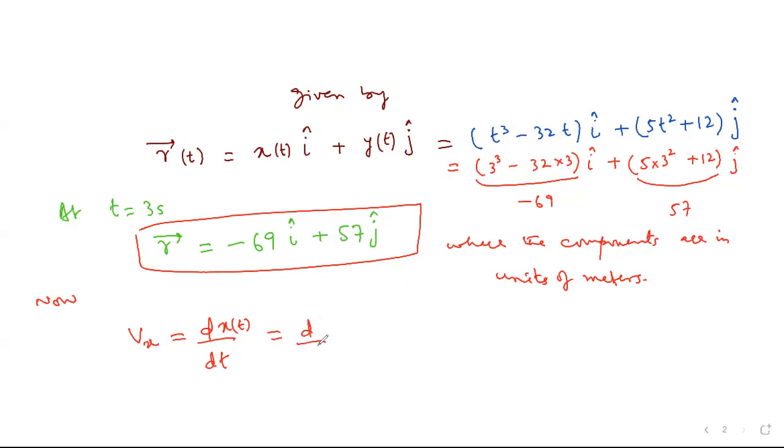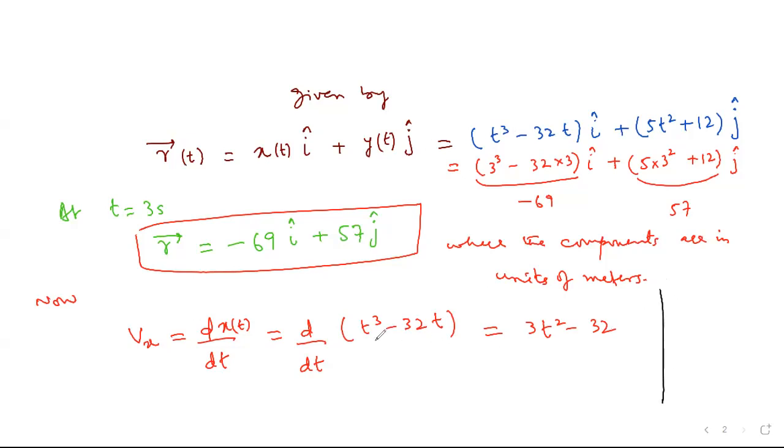So let us find its derivative with time. When you differentiate it with respect to time, it will be 3t square minus 32. Vx is the velocity along x direction. It will be time derivative of position along x, which is given by t cube minus 32t. We differentiate it with respect to time. It is 3t square minus 32. So we have solved for velocity along x.